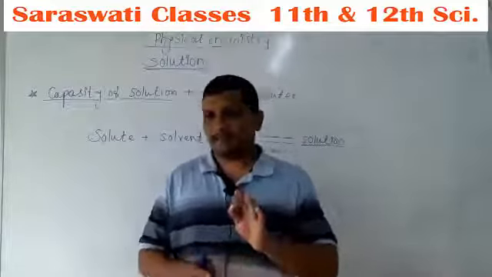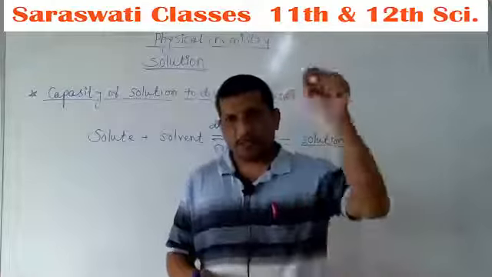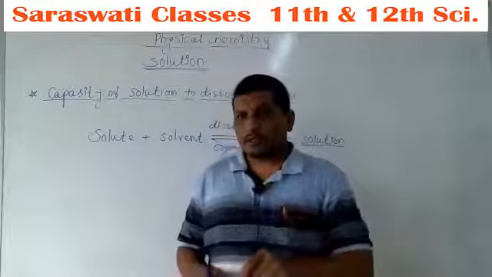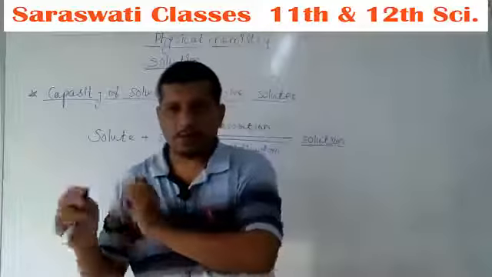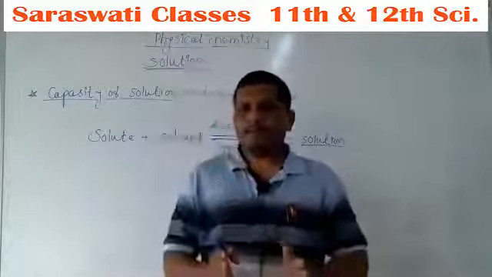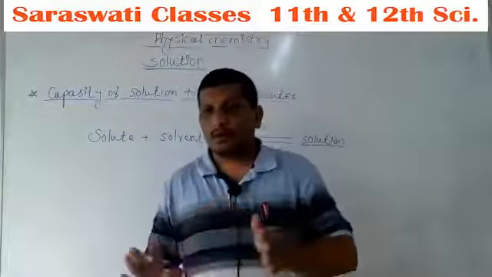First are the different types of solute and solvent. If the solute dissolves in the solvent, it continuously dissolves up to a certain amount. At that time, the capacity of the solvent is over.